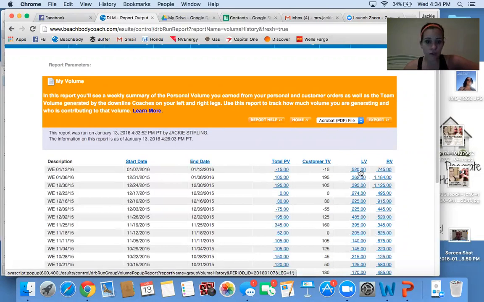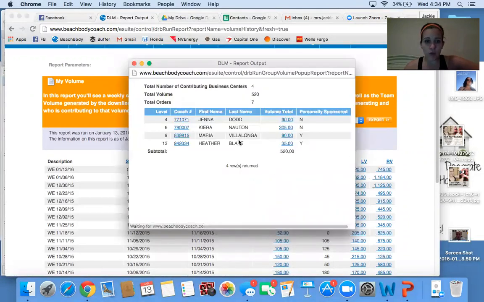If you're in this tab and you click into left volume, you're going to see specifically where that volume is coming from. You can see Kira's killing it, so she's given me a lot of volume. She's not my personally sponsored coach, she's Nicole's, but because she's under me, I still benefit from her volume.